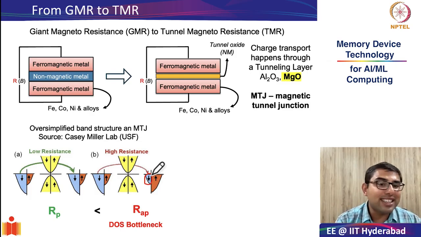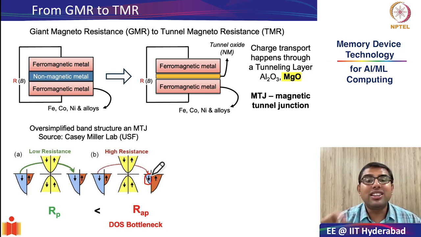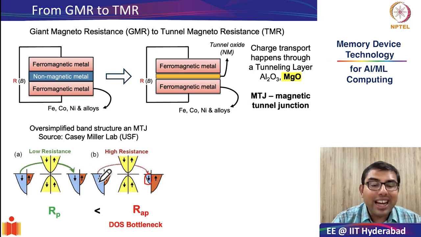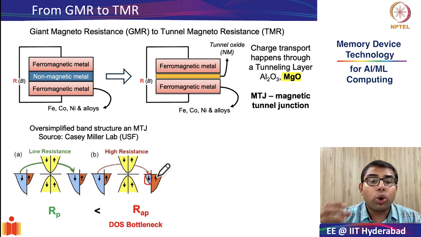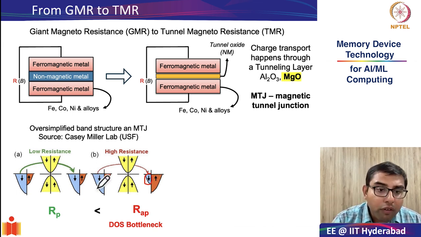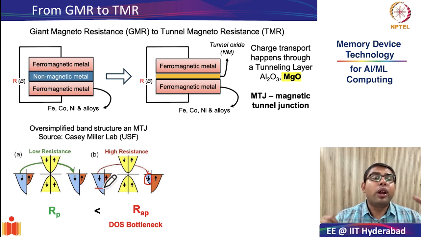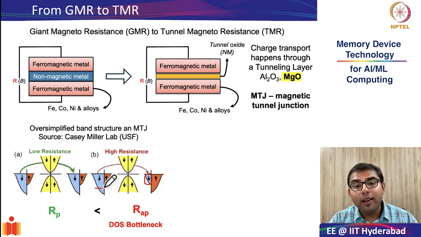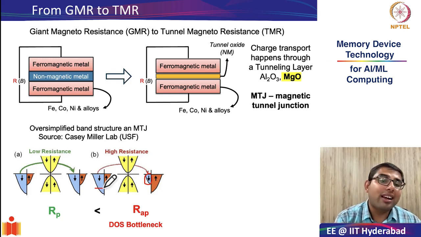Remember, what is Pauli's exclusion principle? It is that electrons can only go from one state to another state if they have the same quantum number. Therefore, spin has to be preserved when tunneling happens. So it is not enough to have density of states in the left-hand side ferromagnetic layer 1, there should also be empty states in ferromagnetic layer 2.